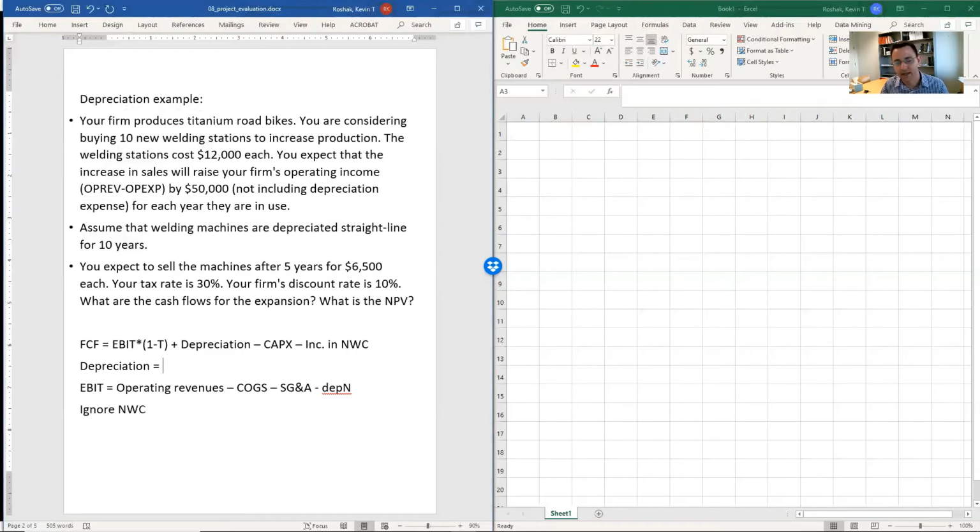If you buy these things now, you're buying 10 of them at $12,000 each. So you're paying $120,000 for these machines. And you're going to depreciate them straight line over 10 years. So that means that each year you're going to have a $12,000 depreciation expense. Okay, so let's work through the formula here.